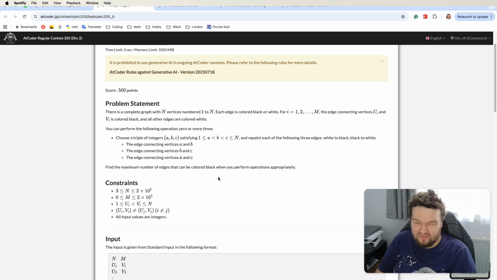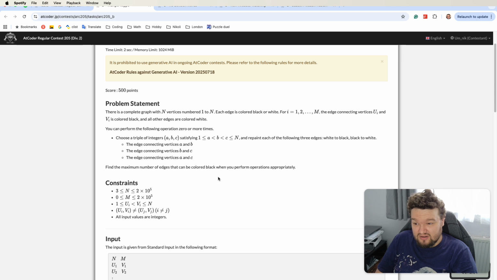After that, my white edges are a matching because every vertex has white degree 0 or 1, and that is just optimal. Because if a vertex has white degree 1, it means that it was odd at the start and it will always be odd.